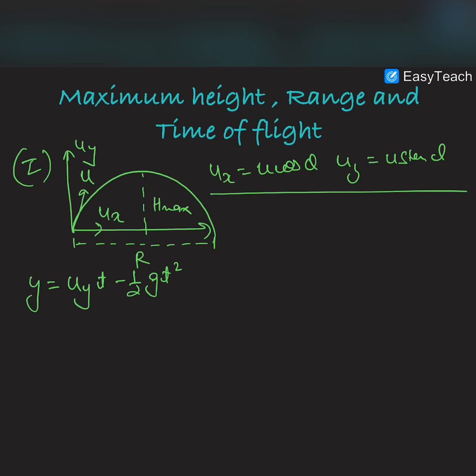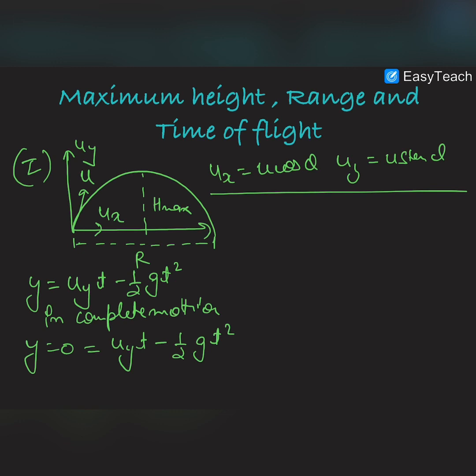So in complete motion, y is 0, and 0 is equal to uy into t minus half g t square. Okay, so obviously if we are substituting the value of y to be 0, then this time would be the time of flight, because y would become 0 after the time of flight.